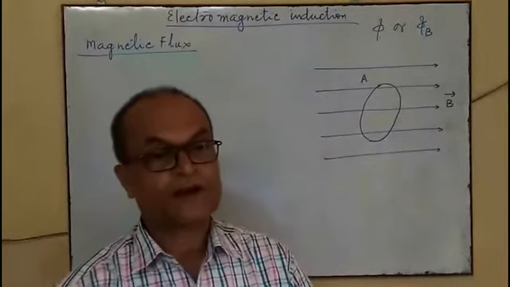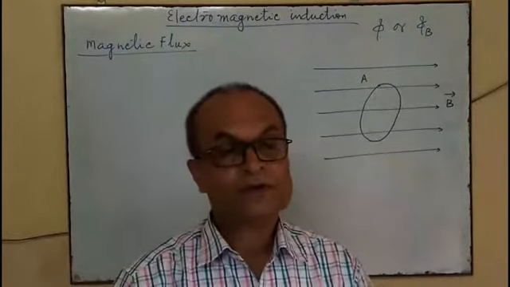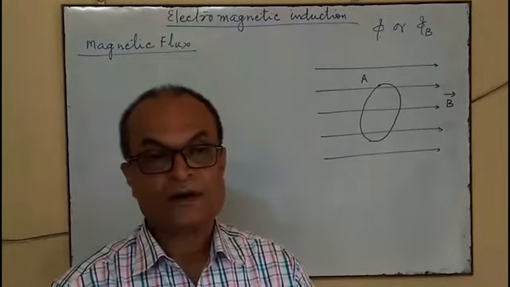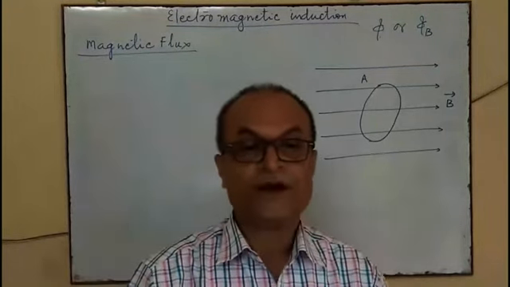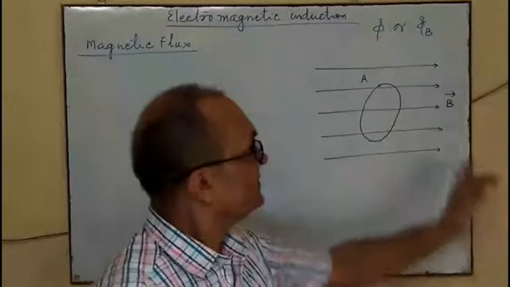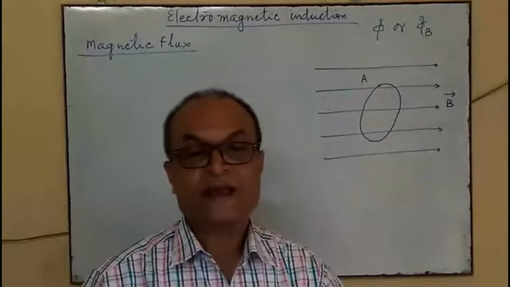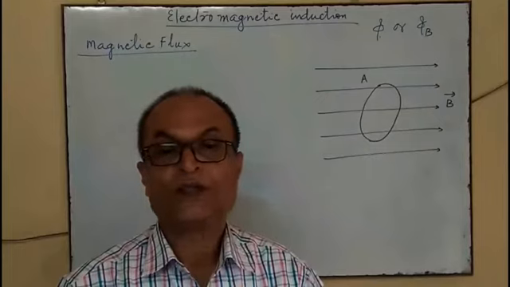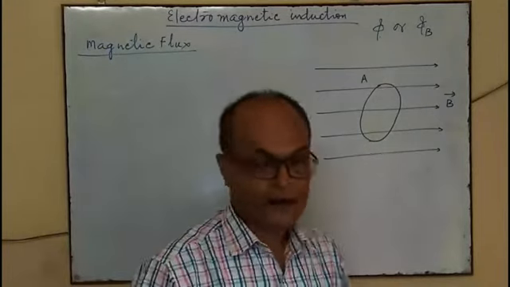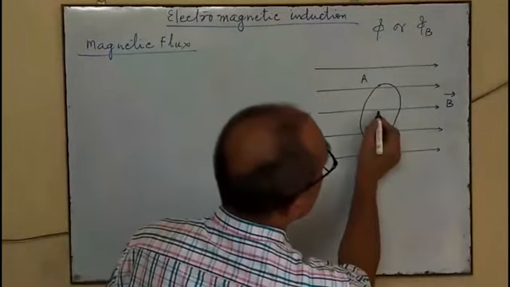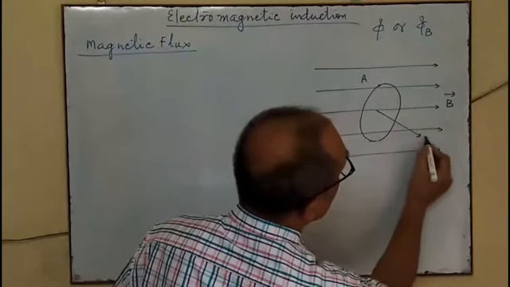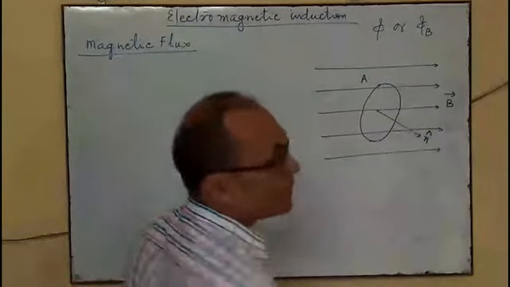If the magnetic field B makes an angle theta with the normal drawn to the area A, this is the normal unit vector.